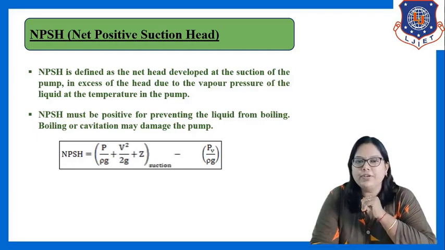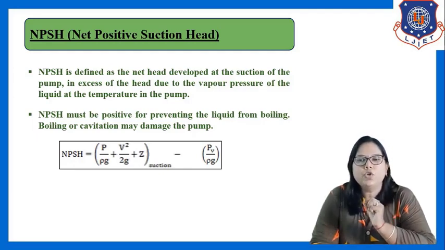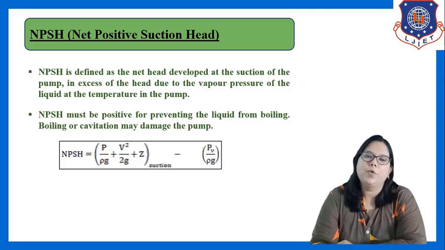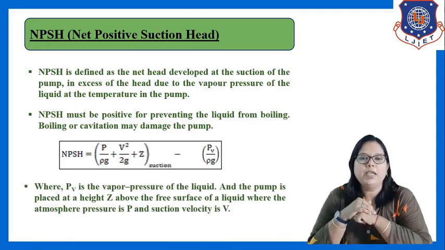So, according to the definition, I can write that NPSH is equal to P by rho g plus V square by 2g plus Z at the suction minus PV upon rho g. Now, what is the PV?